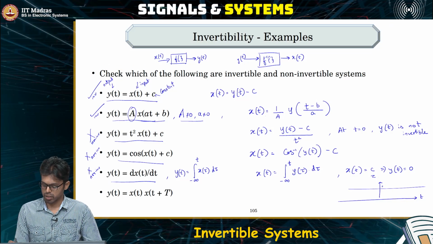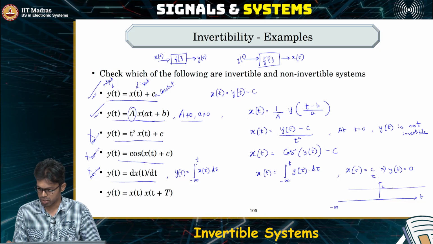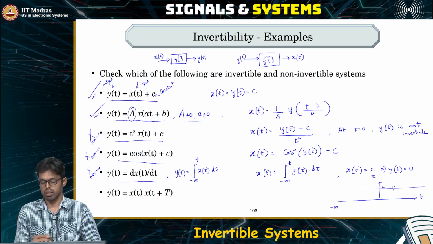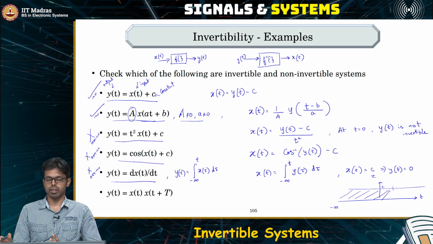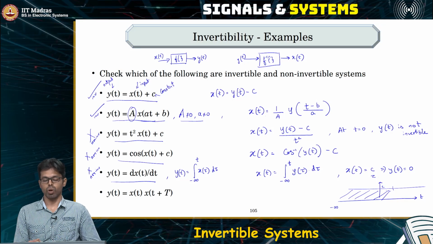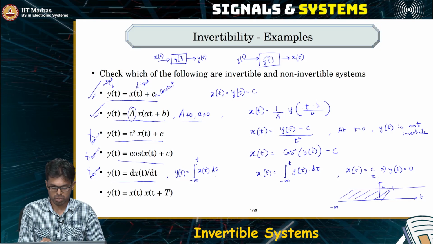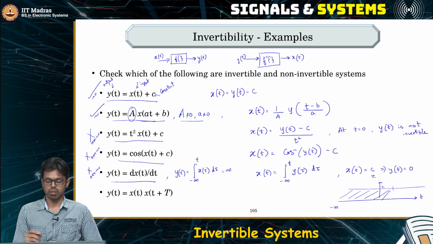So this is c. If you are going to integrate this from minus infinity till some point in time, then the area is always going to be infinity, because this is a rectangle whose length is infinite and breadth is c. So this output will be infinite for any value of c.